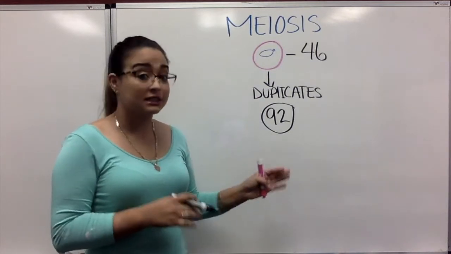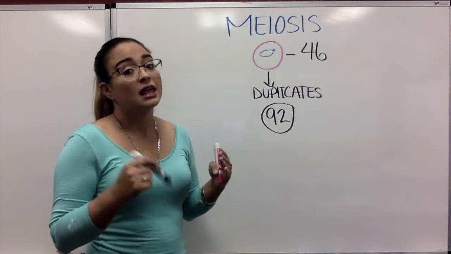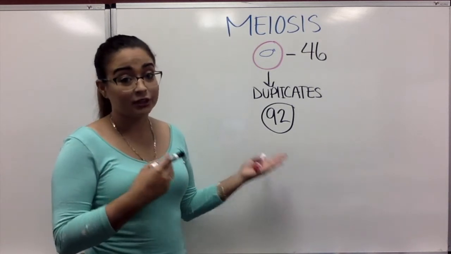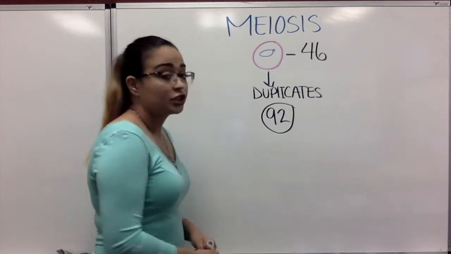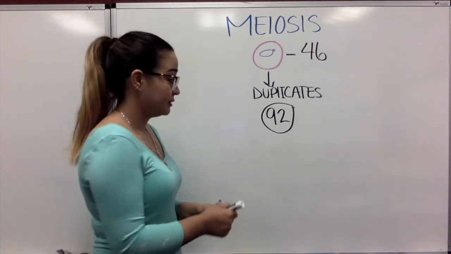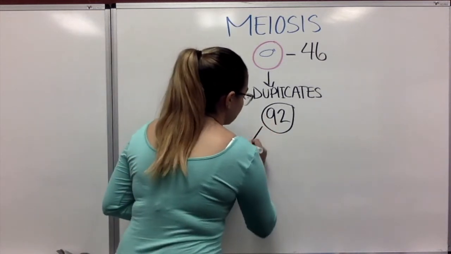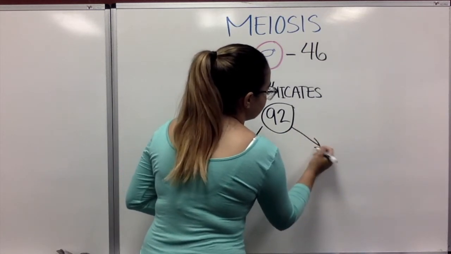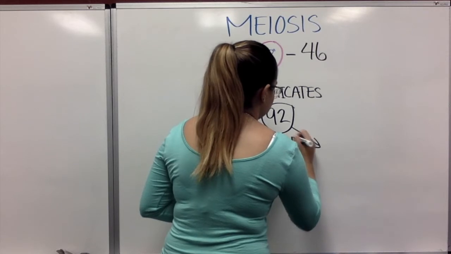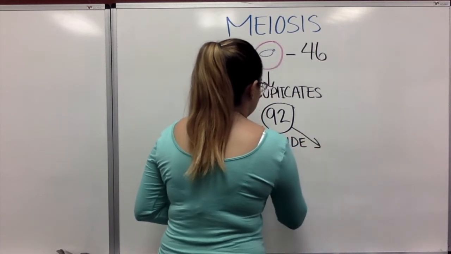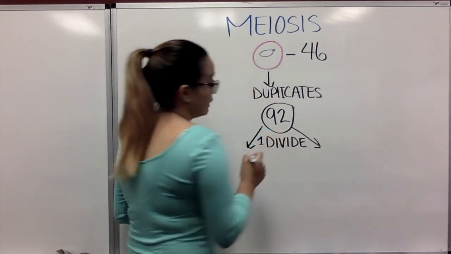But it's still one cell. After it duplicates, after 36 hours, it starts to divide. It will divide once.